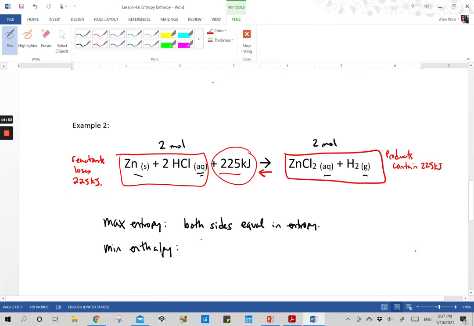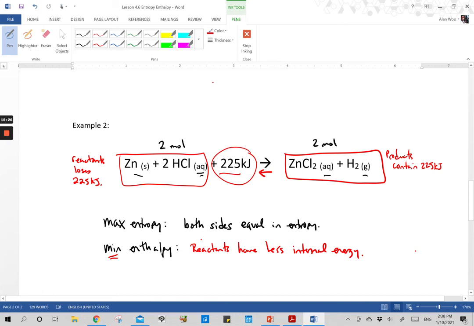So one of the easier things to do, if you can't understand the concept of which side has more internal heat energy compared to the other, is to look at which side contains the heat. Okay, the heat is found on the reactant side. Therefore, the reactants have less internal energy. Okay, so the reactant side is minimum enthalpy.